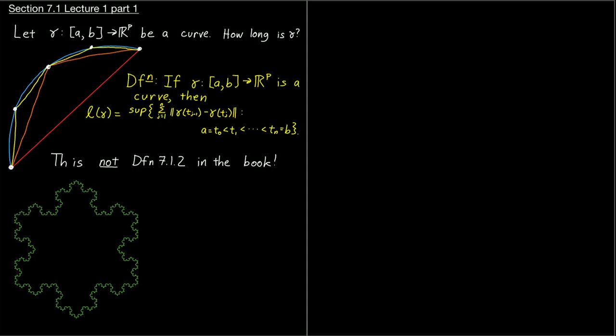It involves the gamma prime, and that may not exist. The definition that I've written down does exist for all continuous curves gamma, at least it exists if you're willing to say that a supremum is allowed to be infinity, if you count that as existing.